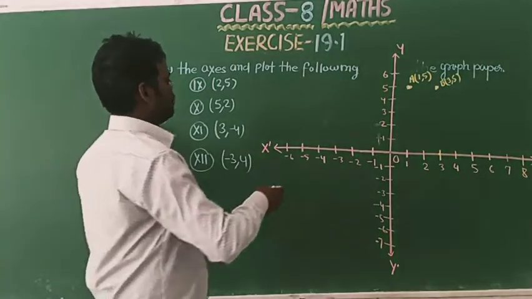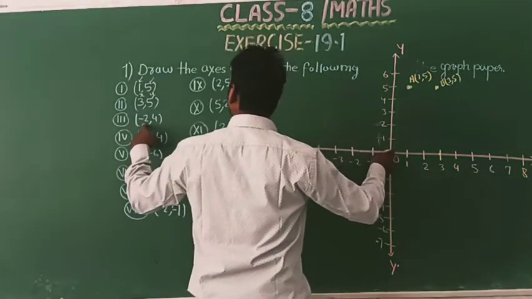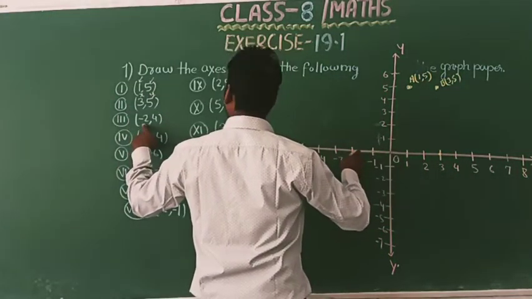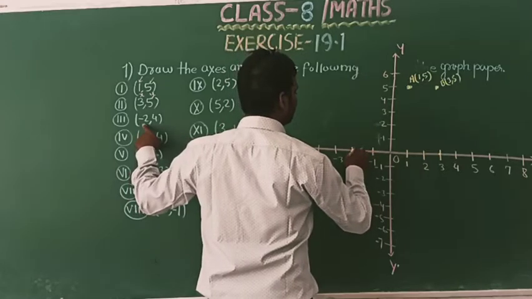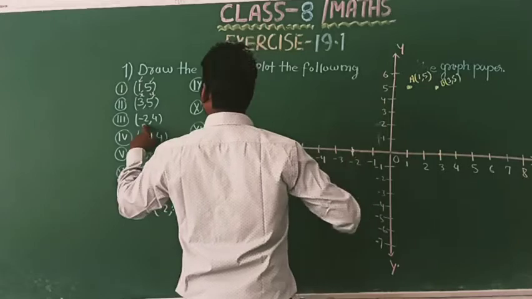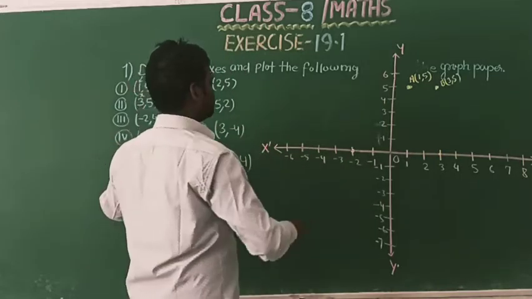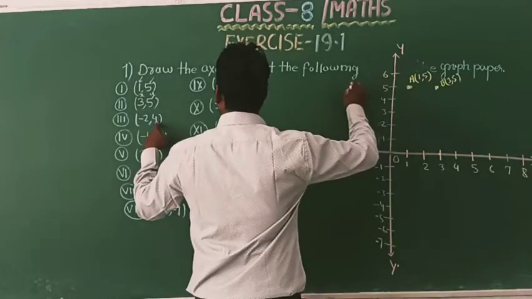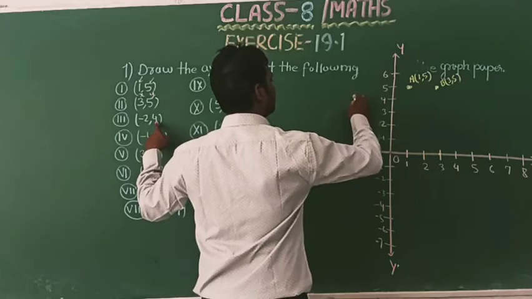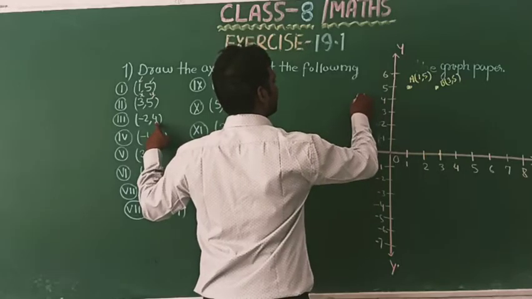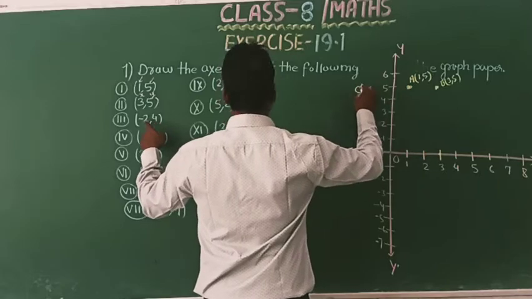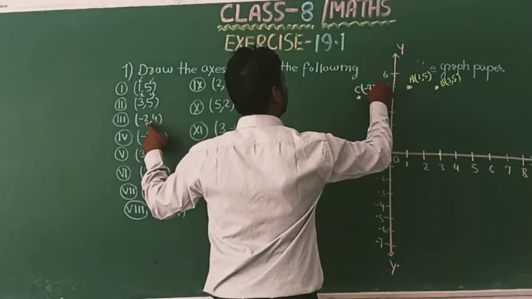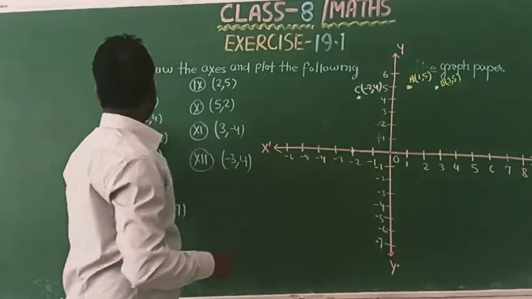So starting from point O, move 2 units to the left and go up 4 units along the y-axis. This is the point C, whose coordinates are minus 2 comma 4.